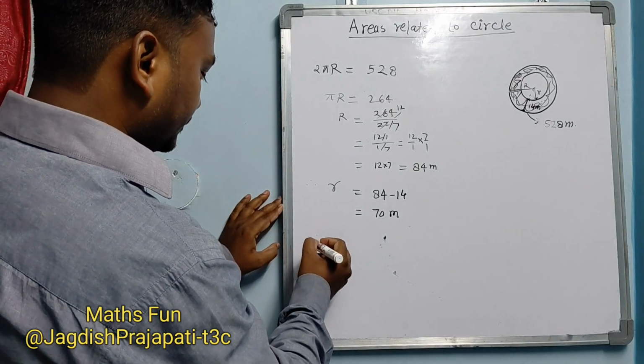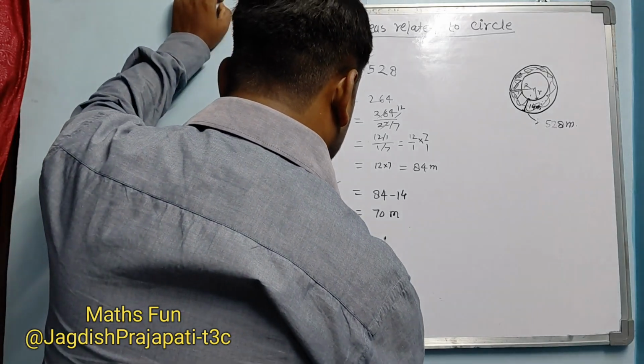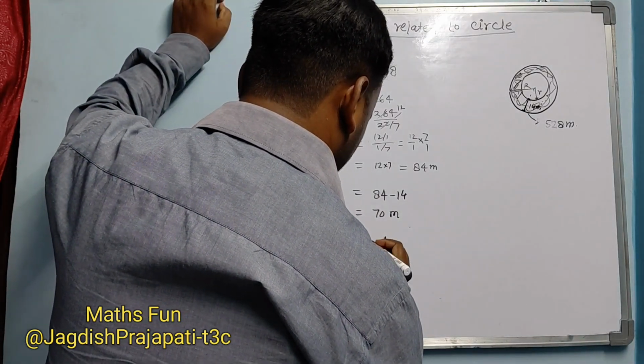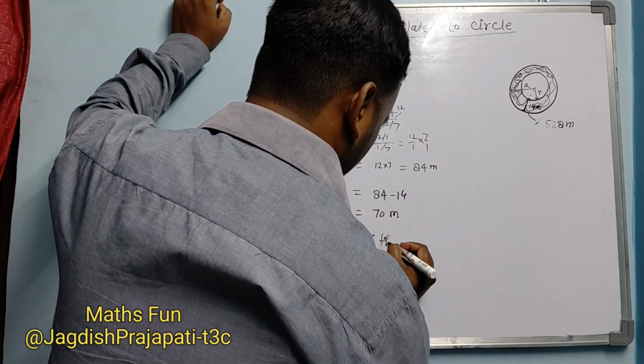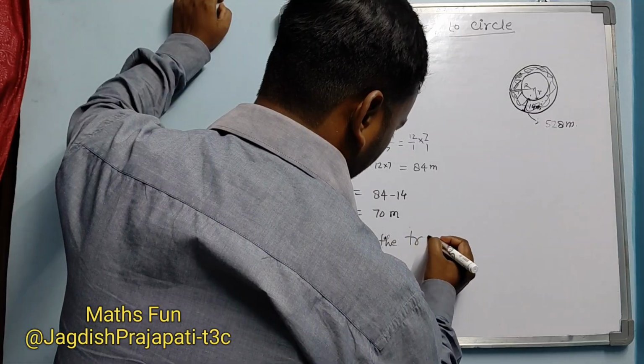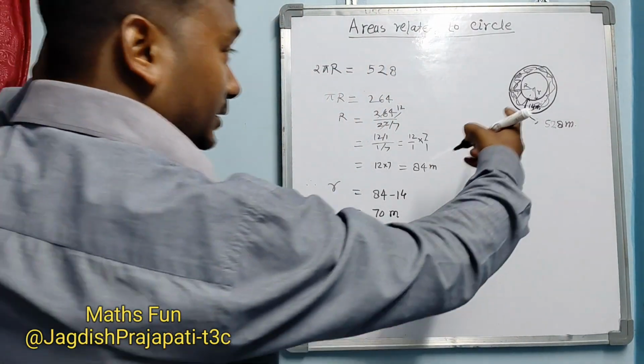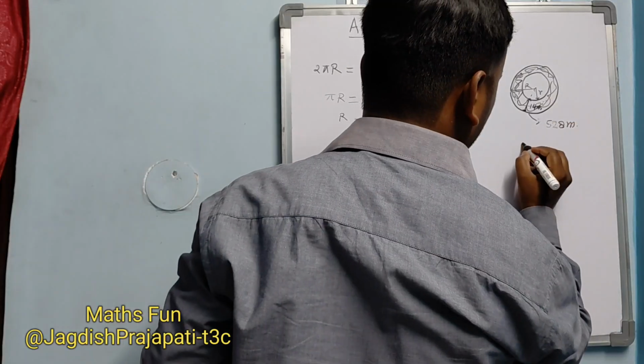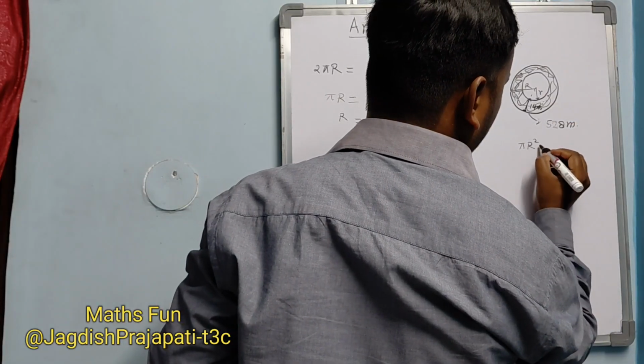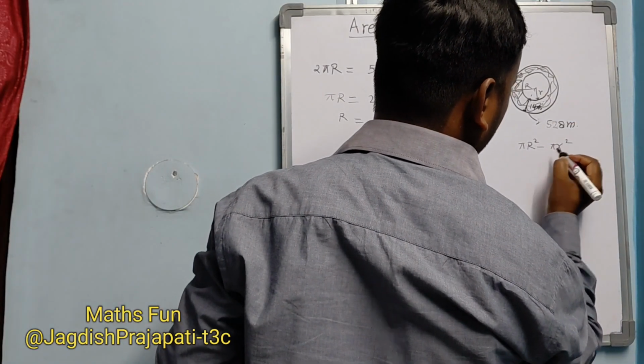Therefore, the area of the track. What will be the area of the track? This is pi capital R square minus pi small r square.